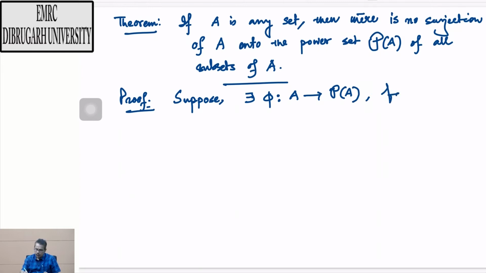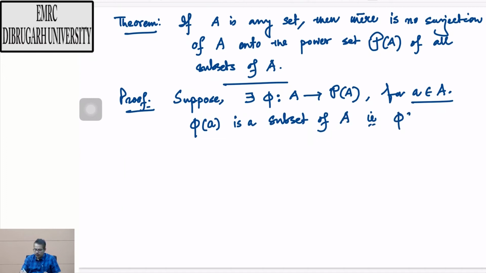Then for a in A, its image phi of a is a subset of A, that is, phi of a is in P(A).